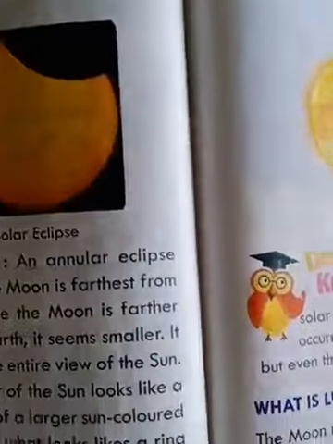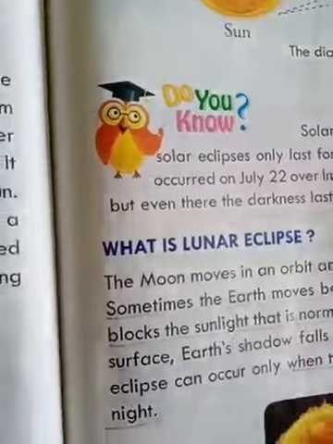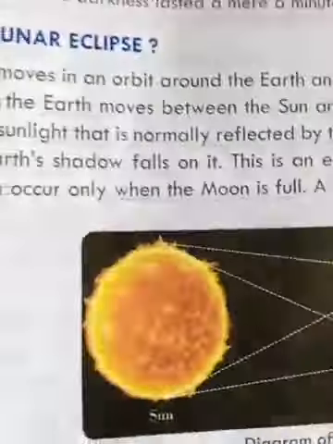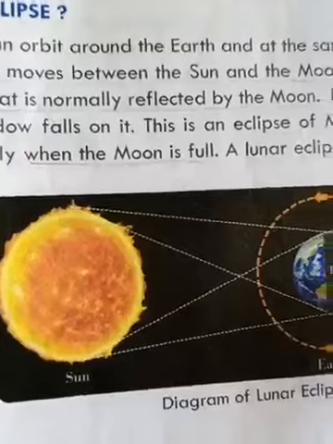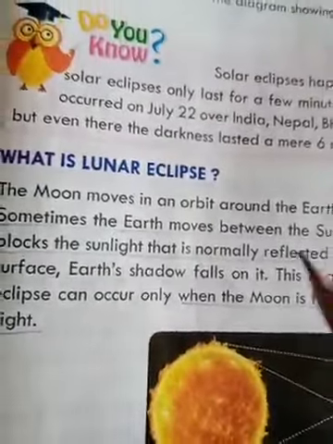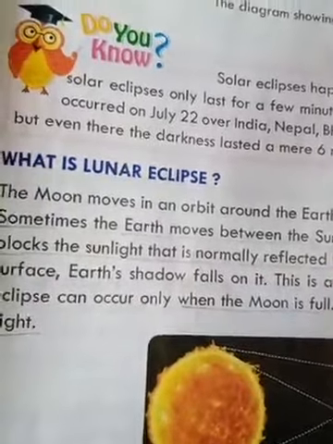Next, let us see what is lunar eclipse. First of all, you see the diagram. There is the sun, there is the earth and the moon.